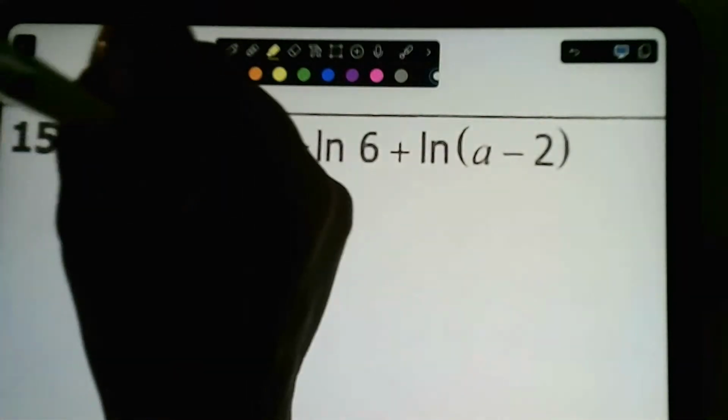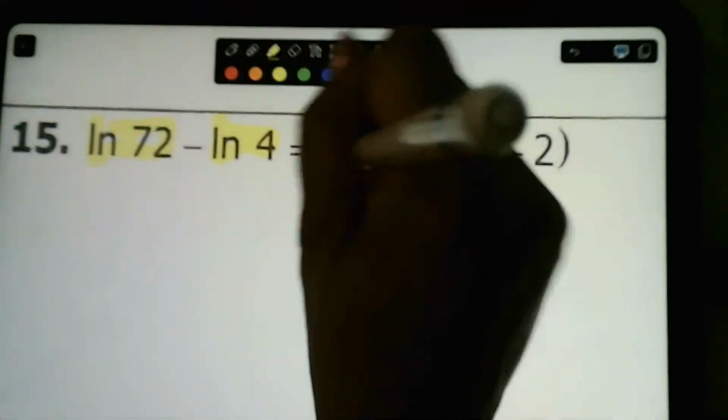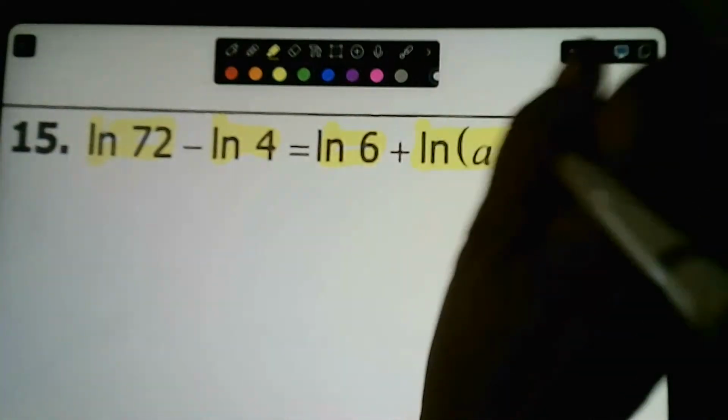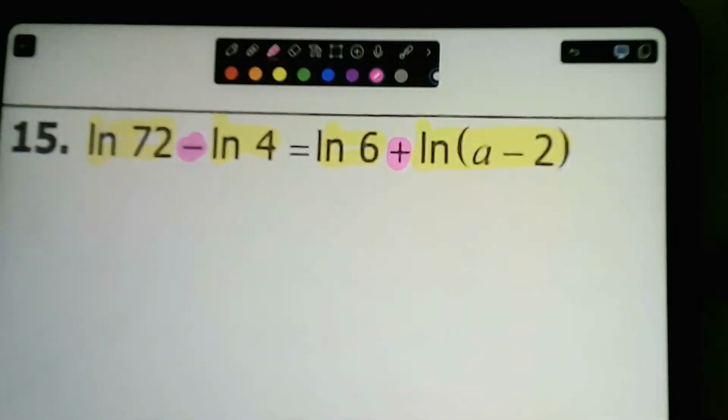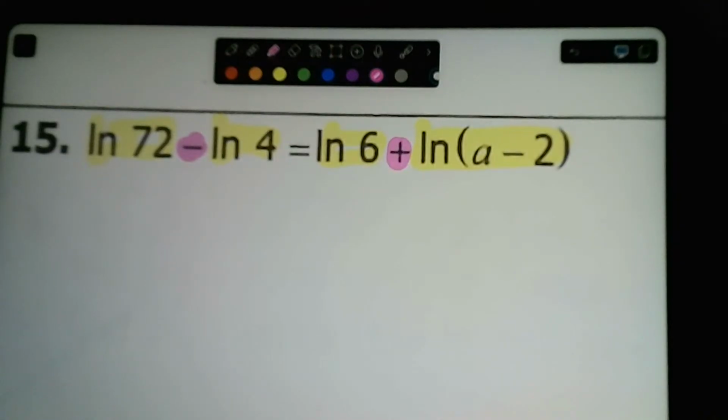Okay, I have this many natural logs. So I'm stuck looking at the operations between them to try to condense them, because step one to solving logarithmic equations, which this is because that's a natural log, is to get it to be one log either by itself completely or one log on each side of the equal sign.